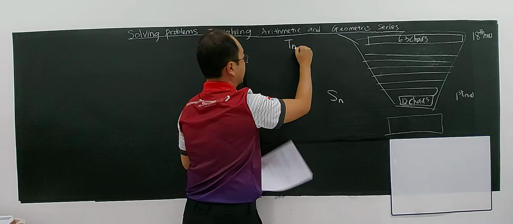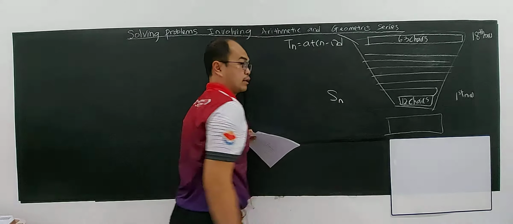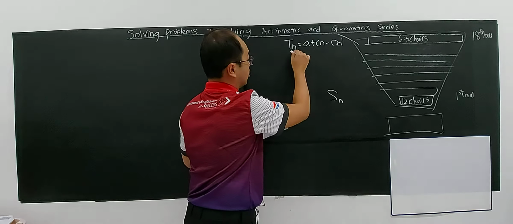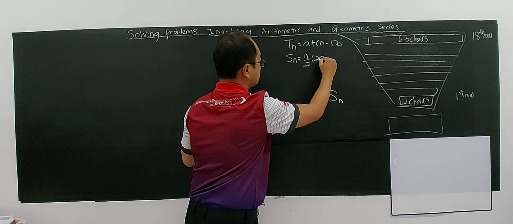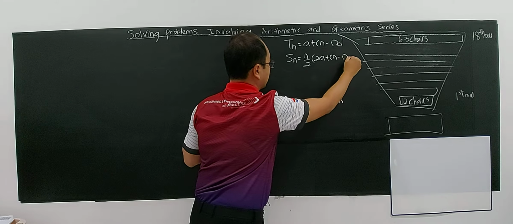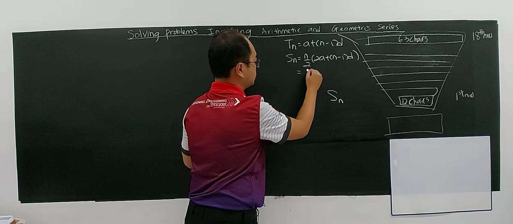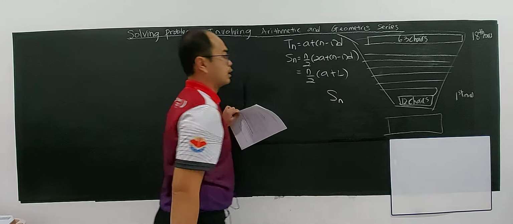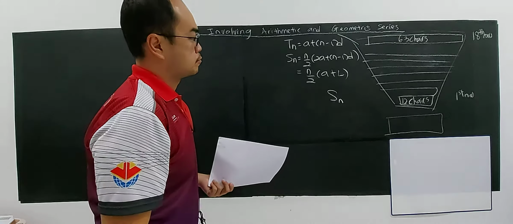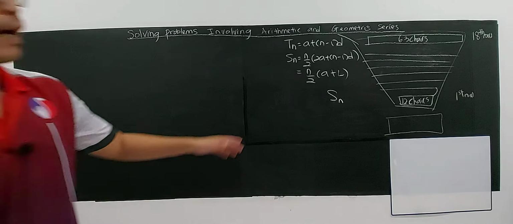So for arithmetic, your nth term is a + (n - 1)d, and your Sn is n/2 (2a + (n - 1)d). For arithmetic, you have one more special formula, which is n/2 (a + l). Of course you want to find the number of chairs here.